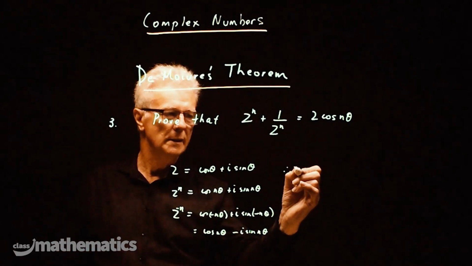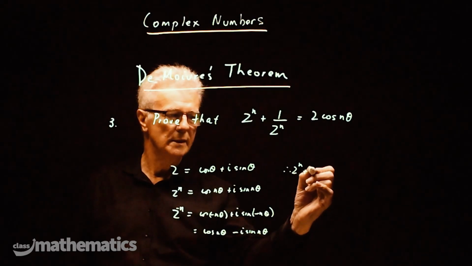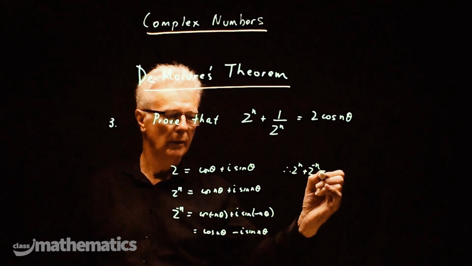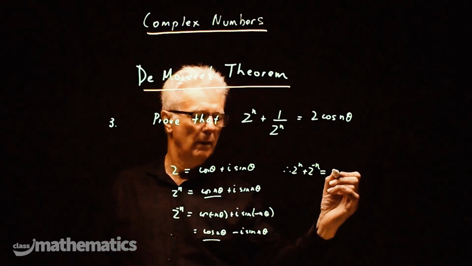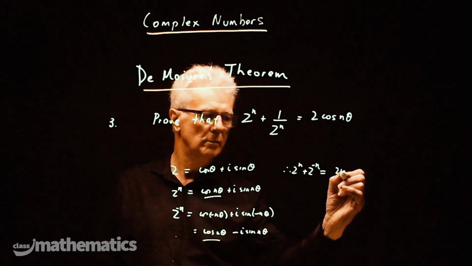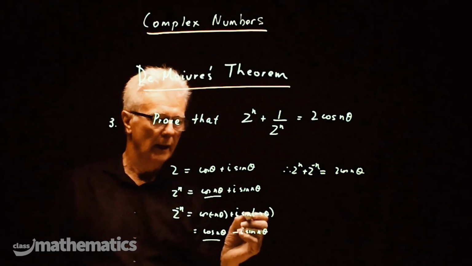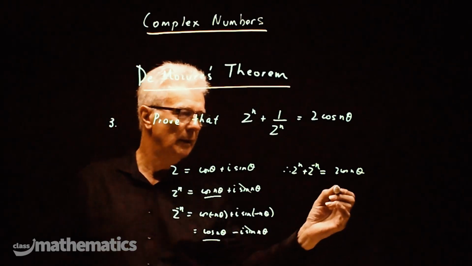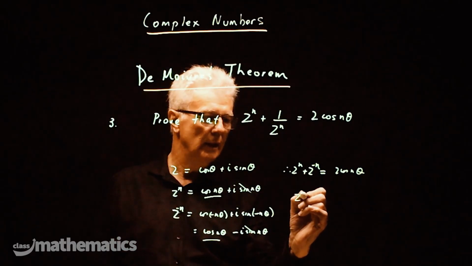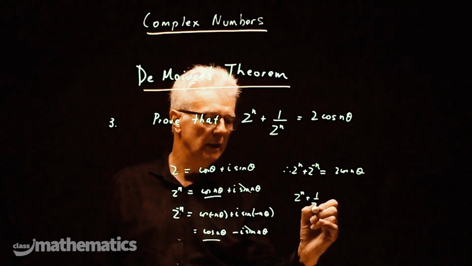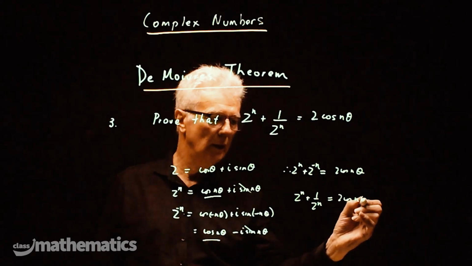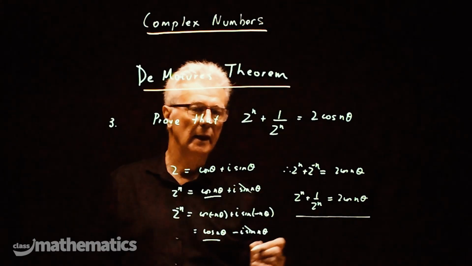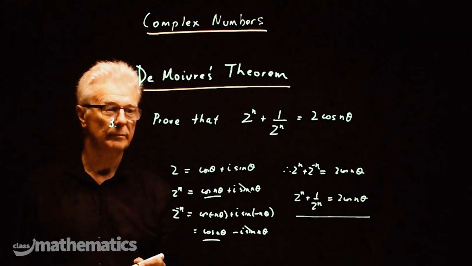Therefore, z to the n plus z to the minus n equals 2 cos n theta, as the sine terms cancel. So z to the n plus 1 over z to the n equals 2 cos n theta, and we'll be using that in the next example.